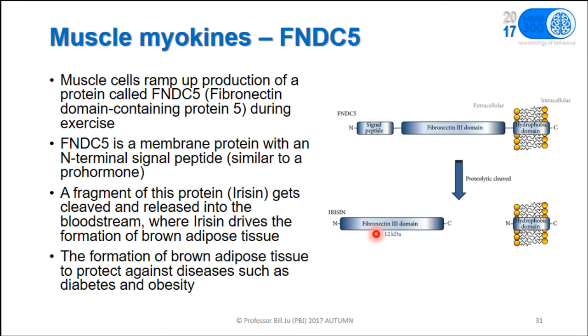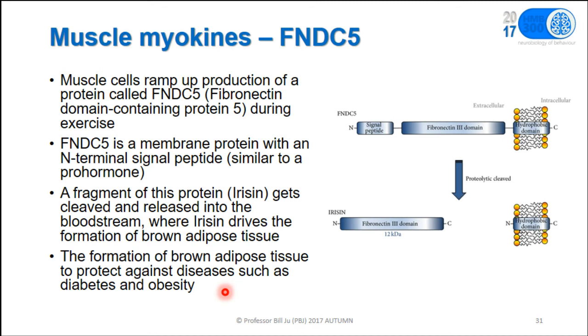This gets into the bloodstream, and then irisin might actually work on a number of different tissues once it gets into the blood. Again, this is really important because things like brown adipose tissue might be protecting and converting white fat into brown fat that protects against diseases like diabetes as well as obesity. So this is what happens when you exercise.